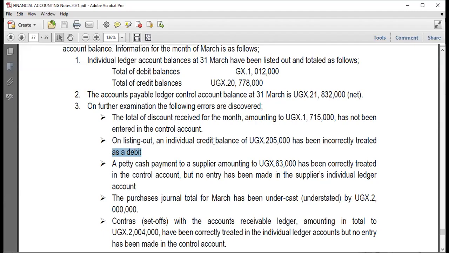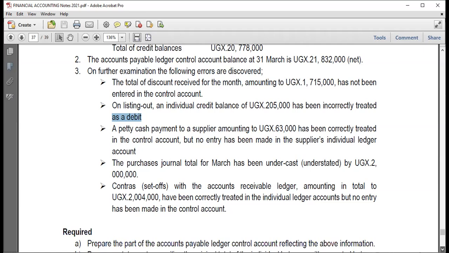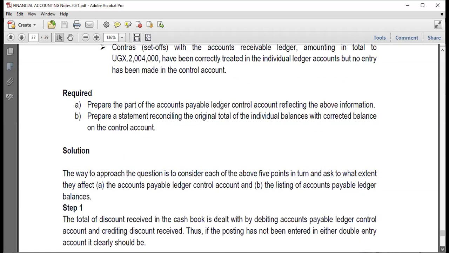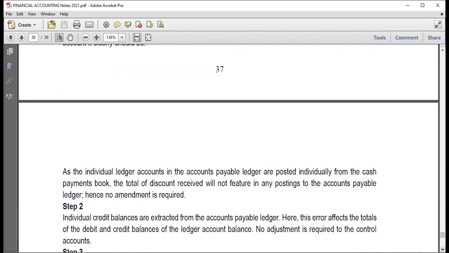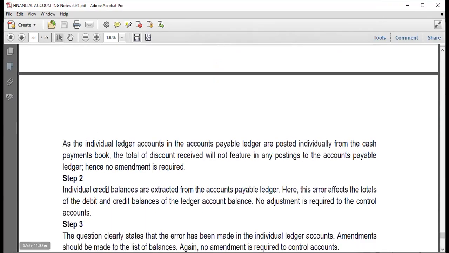The individual credit balances are extracted from the accounts payable ledger.